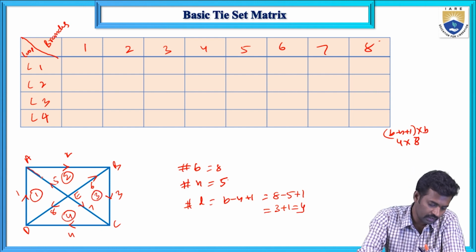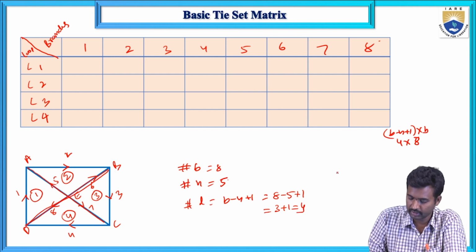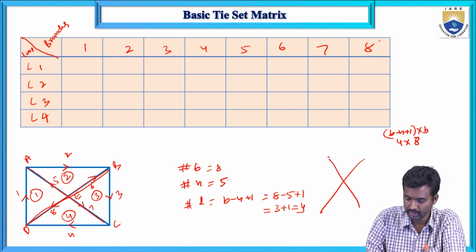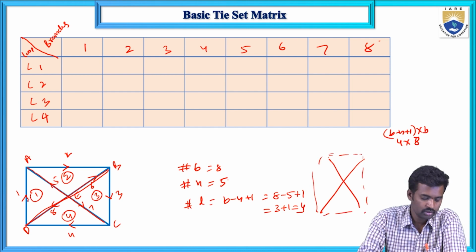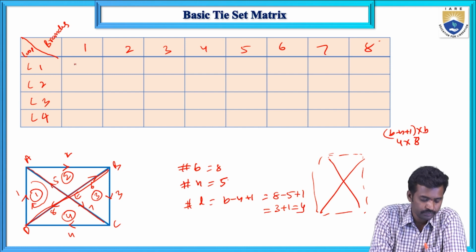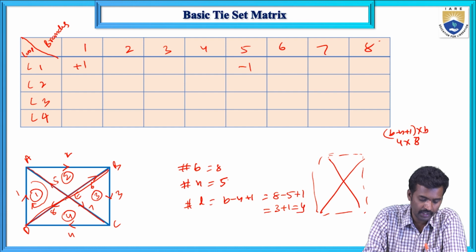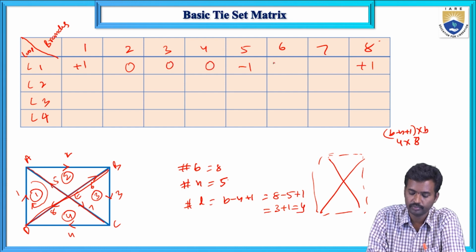And this tree I am selecting, this cross tree. So now remaining all are links. So now link direction, this one is plus 1, and 5 is opposite direction, minus 1, and 8 is the same direction, plus 1. So remaining all elements are 0.